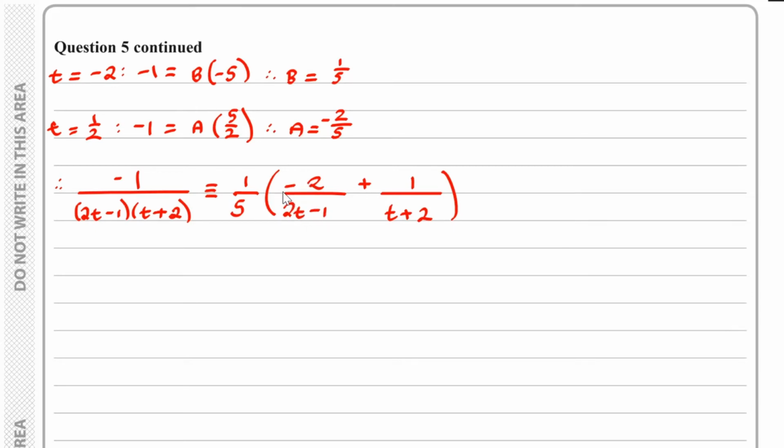And if I bring this negative into the bottom, can you see that we have 1/5 lots of 2 over 1 minus 2t? Hopefully you'll recognize that this term and this term are exactly the same. And over here we have 1 over t plus 2. Hopefully that makes sense.